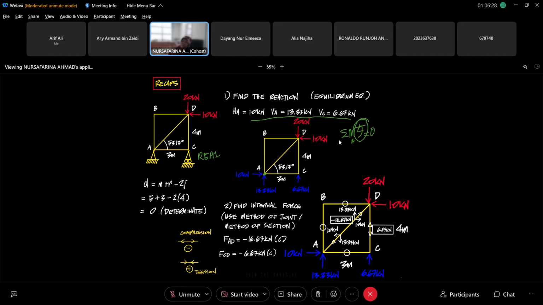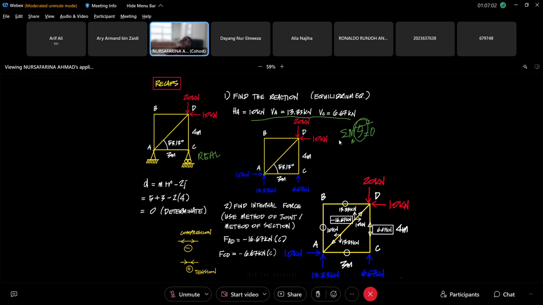Counterclockwise is positive for me. Kalau you nak buat clockwise pun boleh. At the end, you will get the same answer. Kalau you assume clockwise, so clockwise lah positive.